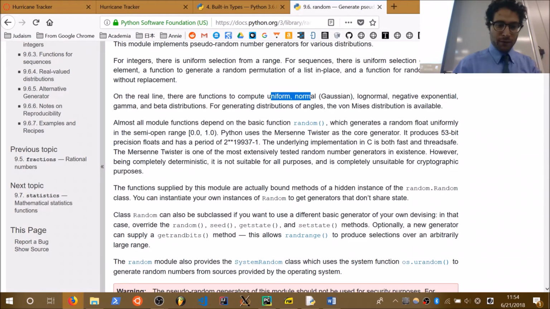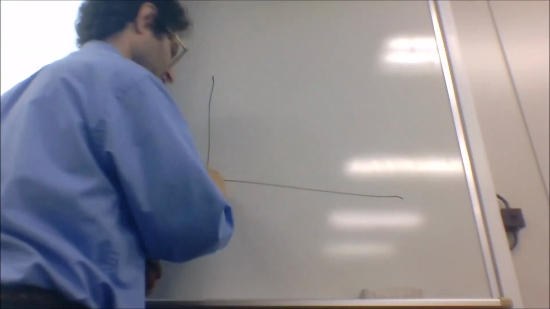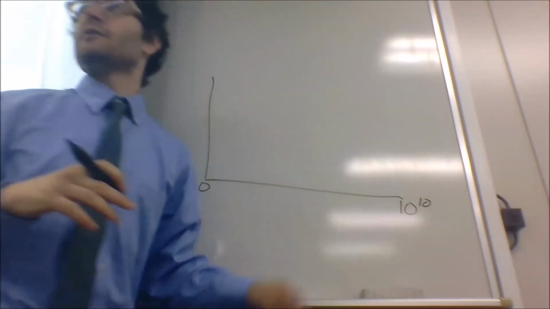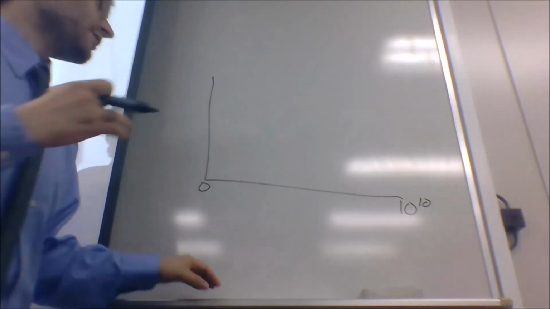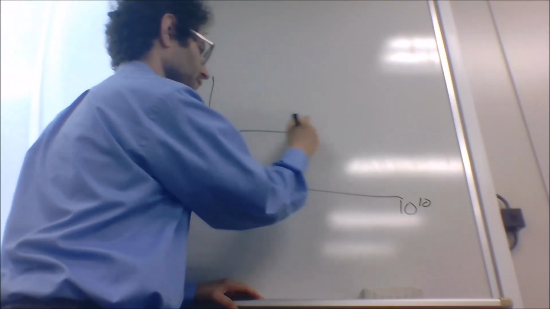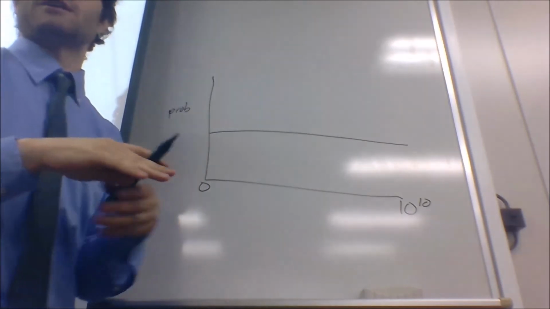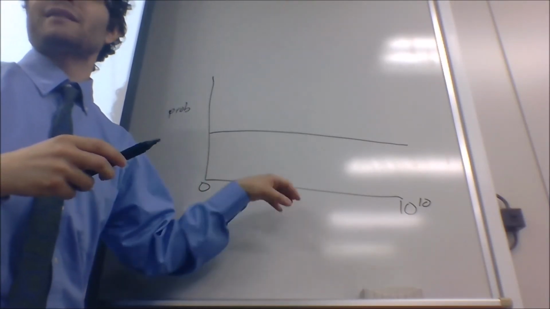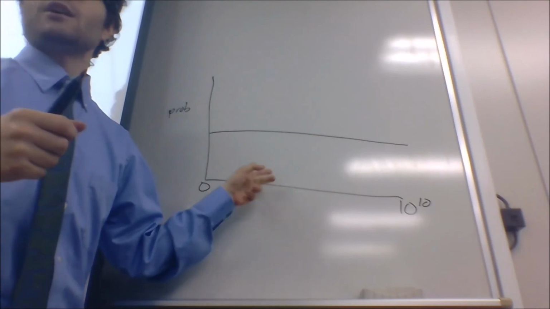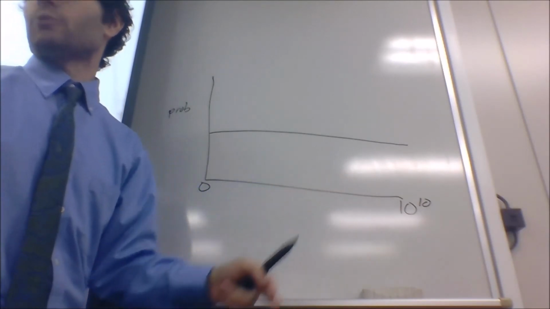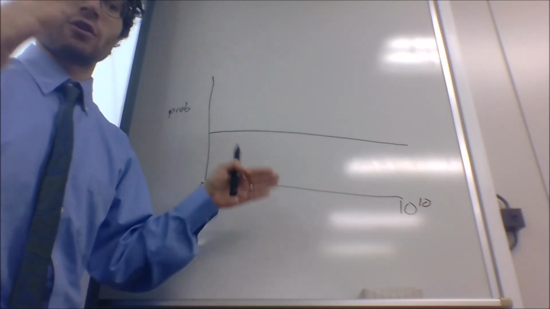A random uniform distribution just means that if you've got a bunch of random numbers in a range, from let's say 0 to 10, or actually 10 to the 10th power, so a lot of numbers, then this axis is the probability that a number is going to occur. If I've got a bag filled with all these numbers and I reach into the bag, it's equally likely that any of these numbers will come out. It's a uniform distribution. All numbers are equally likely.